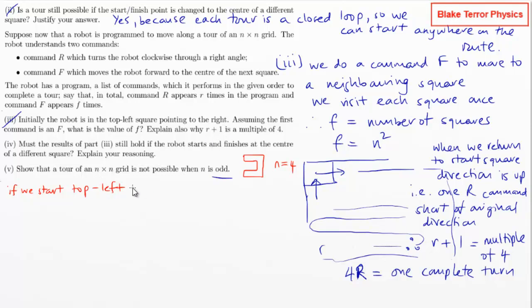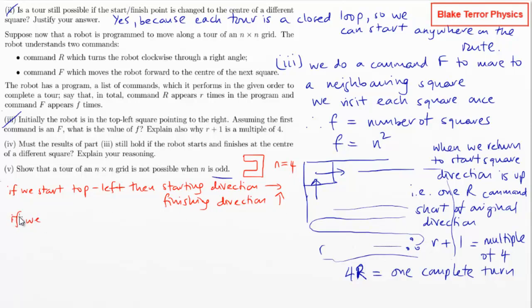So if we start top left, then the starting direction is that way, and the finishing direction is that way, upwards. So we start pointing to the right, we finish pointing upwards.